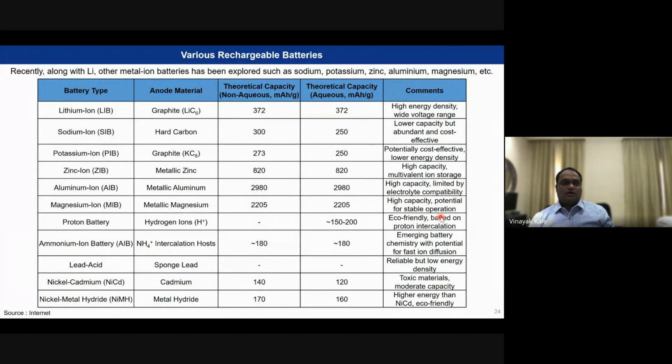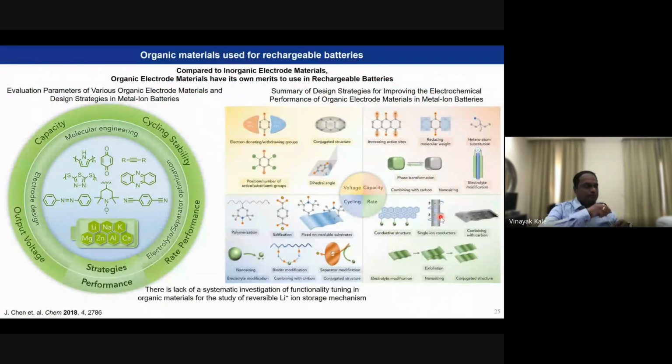Nowadays, along with lithium, other metal ions have been explored, such as sodium, potassium, zinc, aluminum, magnesium, or ammonium ion. My research is a little bit diversified from lithium, and I focus mainly on aqueous batteries. There are choices of electrodes for use in batteries.